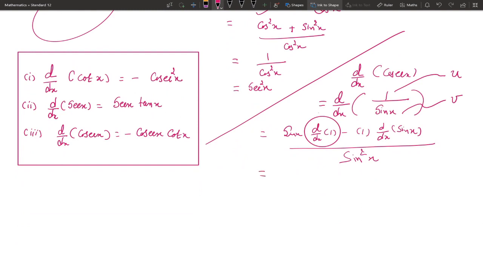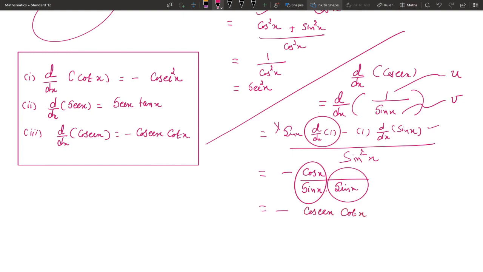So this term is 0 because d by dx of 1 is 0. Derivative of sin x is cos x, so we get minus cos x upon sin square x, that is minus 1 upon sin x into cos x upon sin x. This is minus cosec x into cot x. Similarly you can obtain the remaining two results.